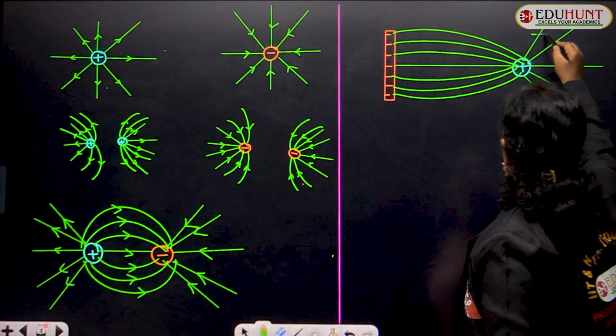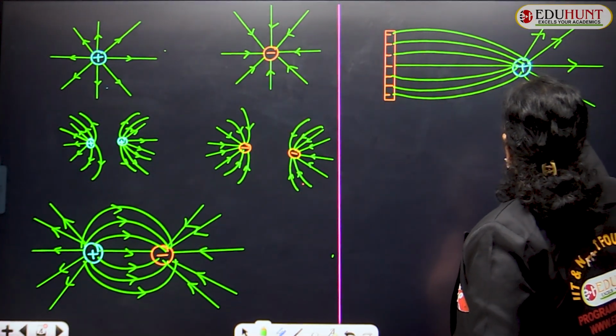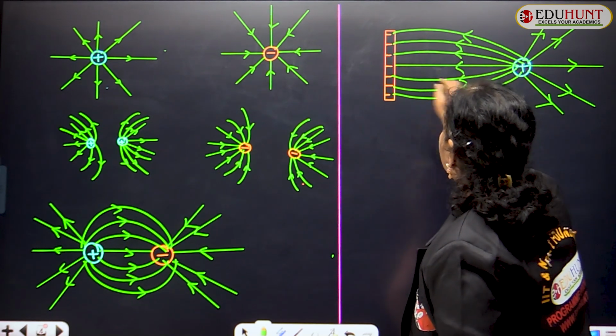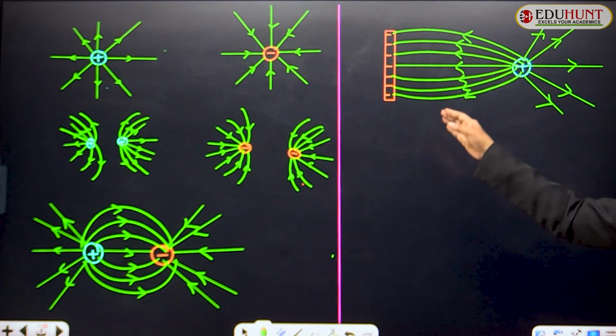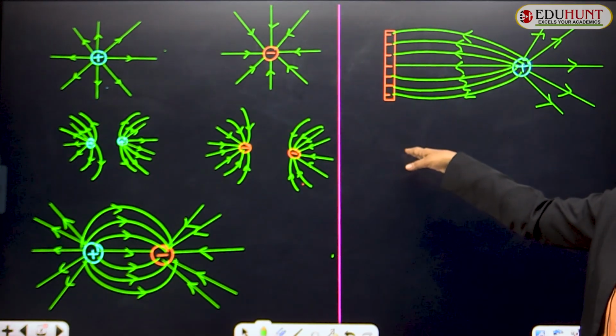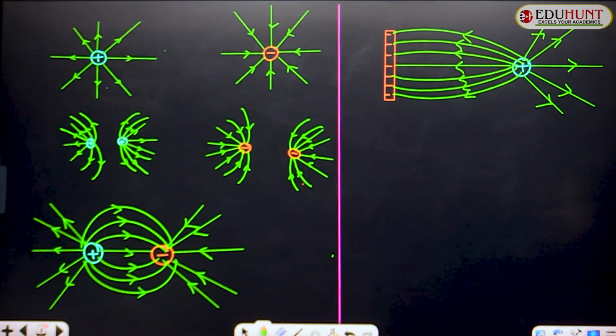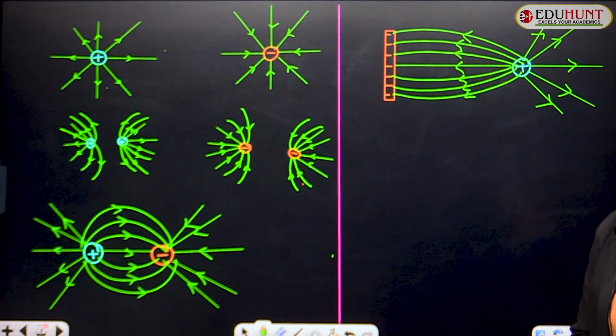The direction of the lines will be outwards from the positive and inwards into the negative. So, if one negatively charged straight conductor and a positive charge are taken, the shape of the electric lines of force must be something like this.